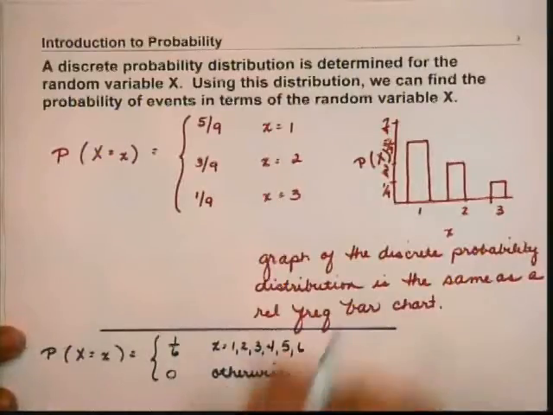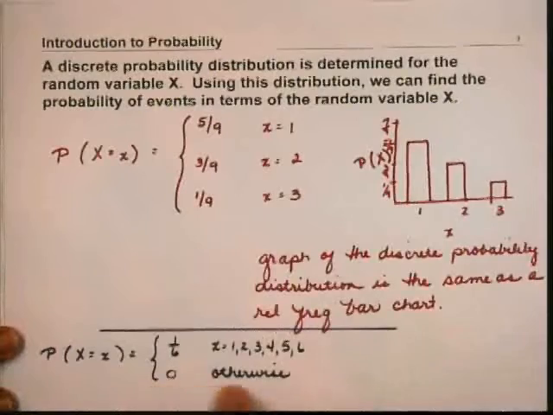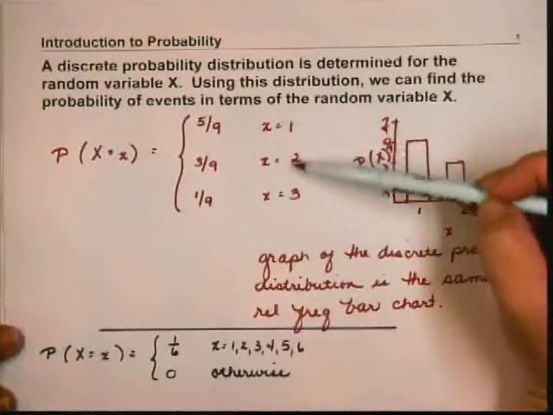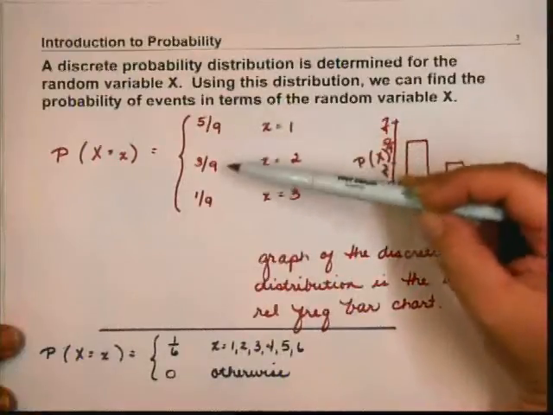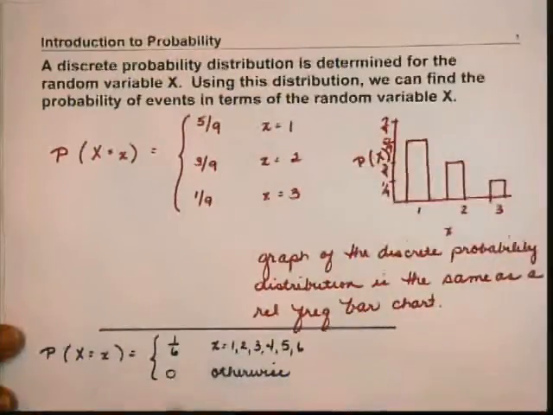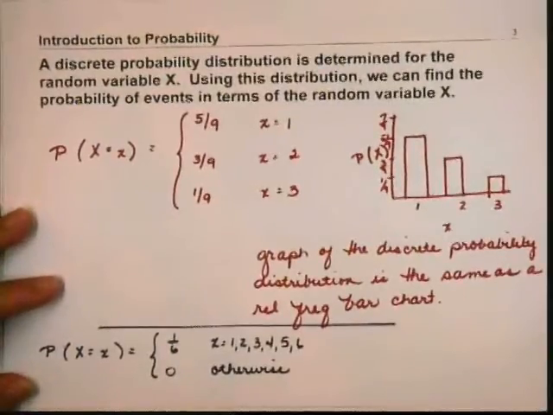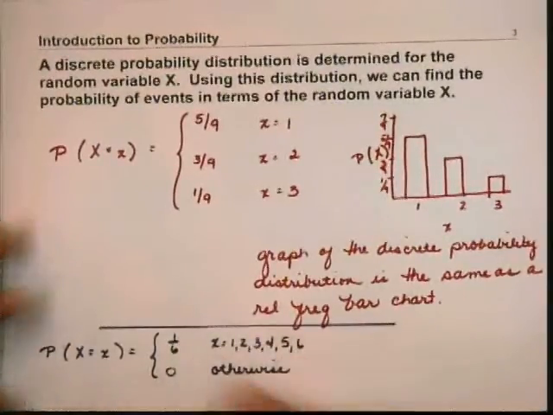Now in both of these cases, we could have put it equals 0 otherwise up here too. Notice that for each of the values of x that are assigned here, when you sum the probabilities, you get 1. Likewise down here, I'm adding up 1/6 6 times. The graph of this would be relatively uninteresting, right? Because it would just have 6 bars all of the same height. This is the probability distribution associated with rolling a die.